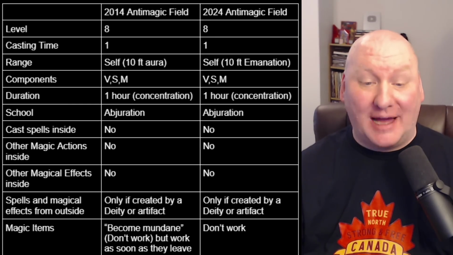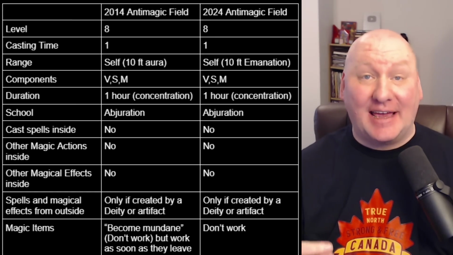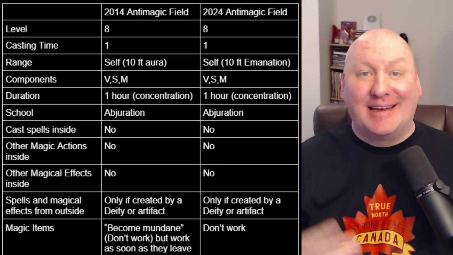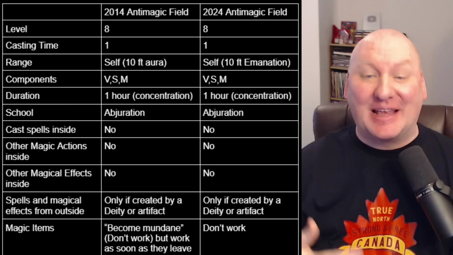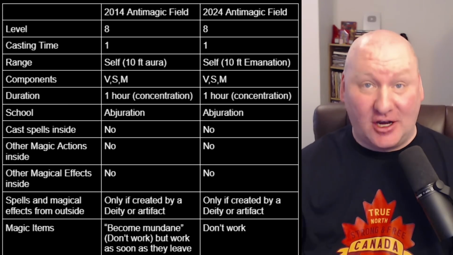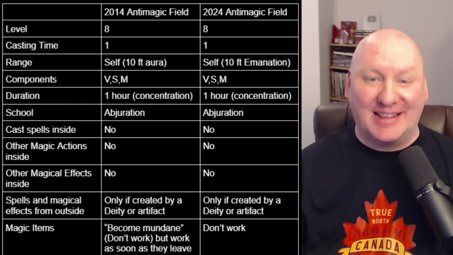Then we go to magic items, and in the 2014 version, it says they become mundane, which I assume means they don't work, right? But they work as soon as they leave the field. The new version says they don't work while they're in the area. And once again, I assume they work when they leave the field.